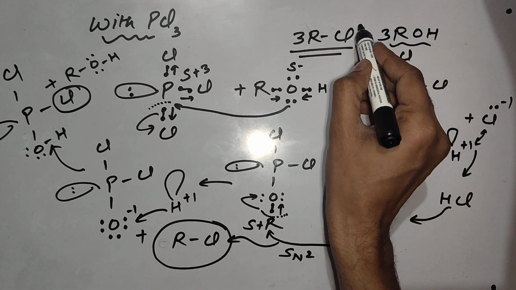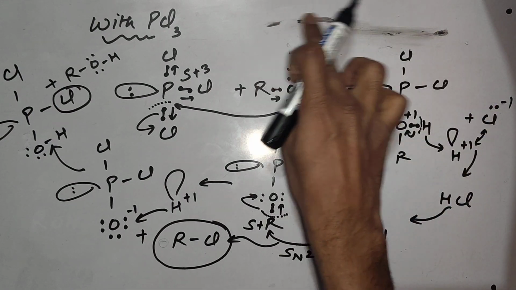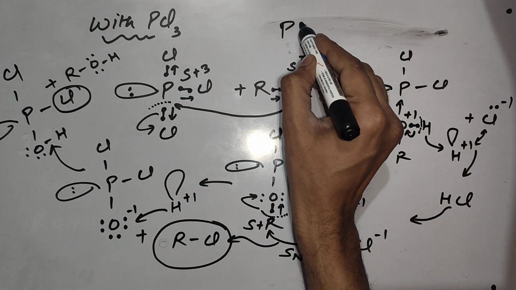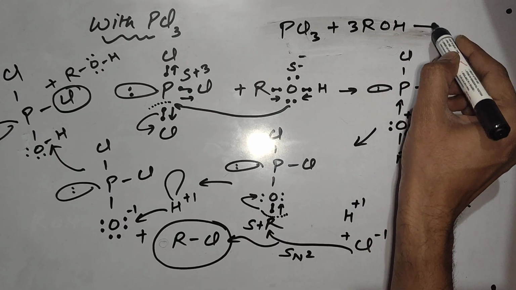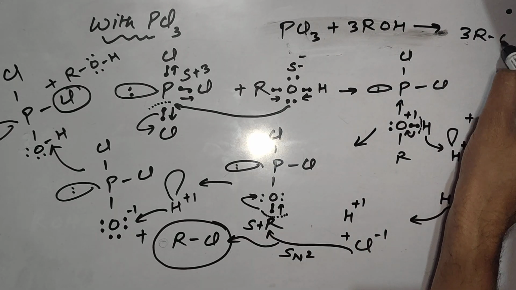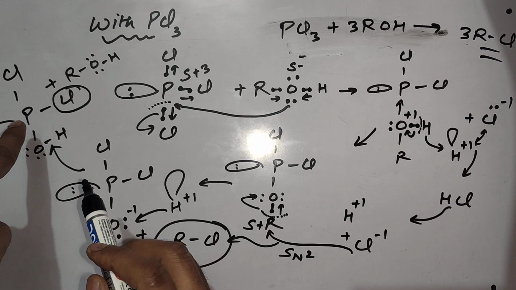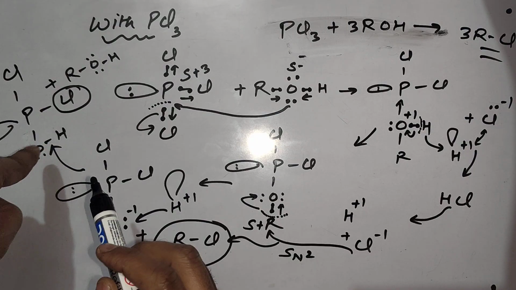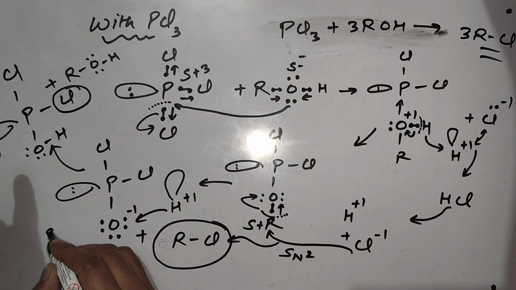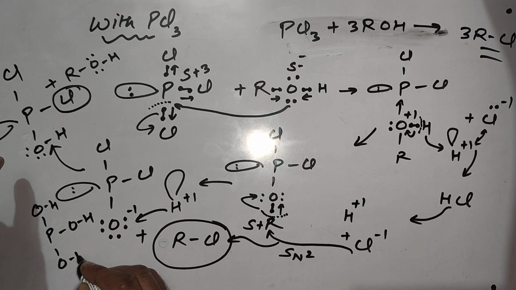Due to this, one PCl3 particle is reacting with 3 alcohol particles, creating 3 RCl. And finally, on this phosphorus, we will have 3 OH groups, like this, OH, OH and OH, and P will have a lone pair there.